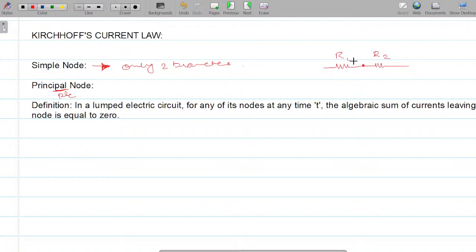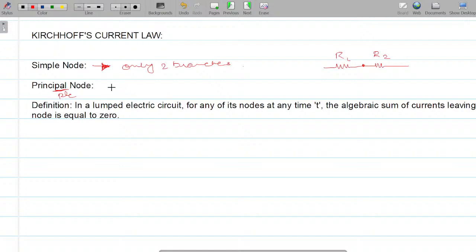Wherever you see a change in potential, that point in itself would become a node. So an interconnection between only two branches would be a simple node. So this qualifies as a node. In this case, when there is an interconnection between only two branches, such a node would be a simple node.